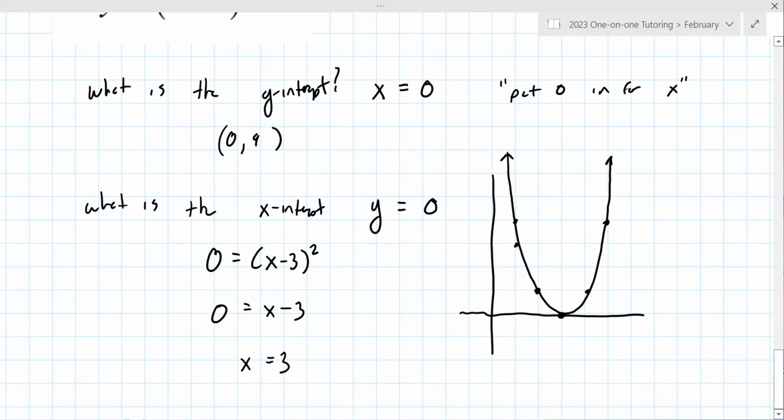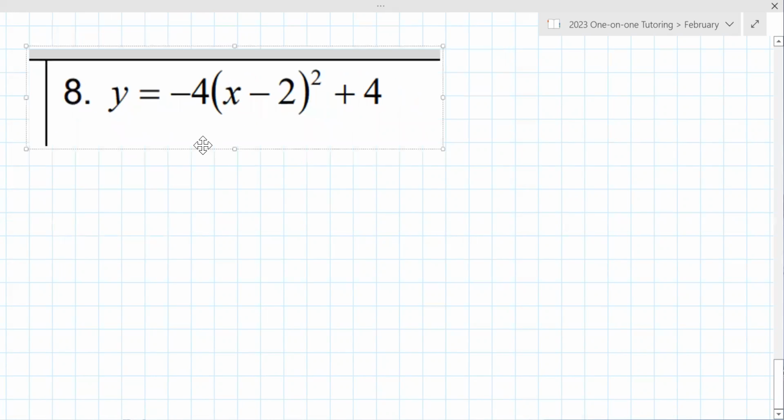Okay, here's another one for you to look at. And after this problem, we'll switch to some standard form stuff. This time, again, I want you to find the vertex and the axis of symmetry, the min, max.